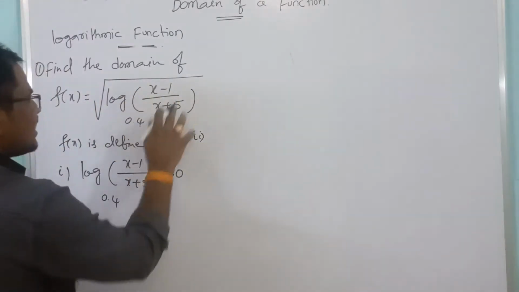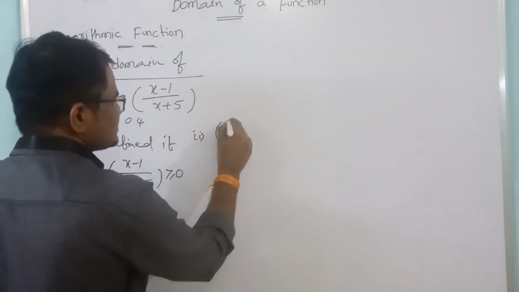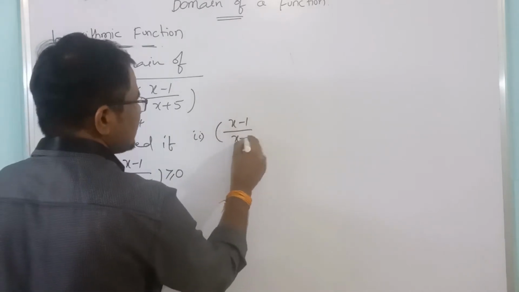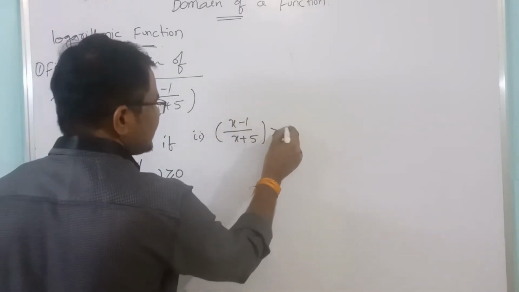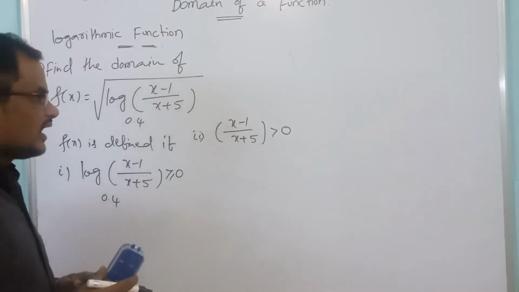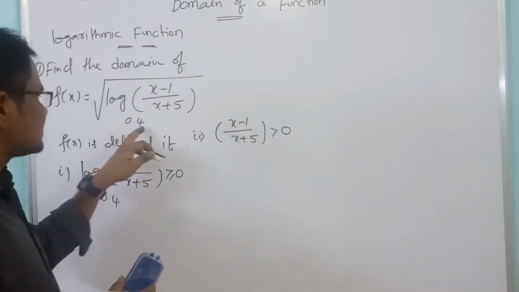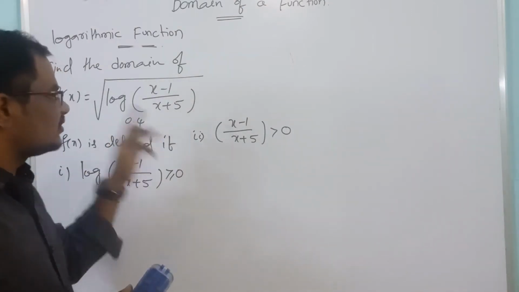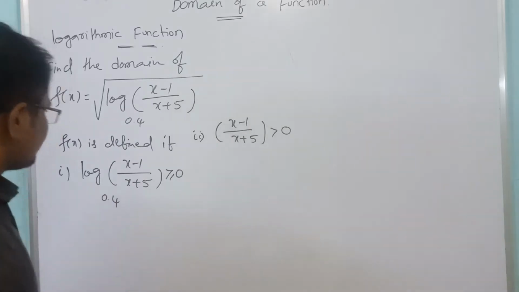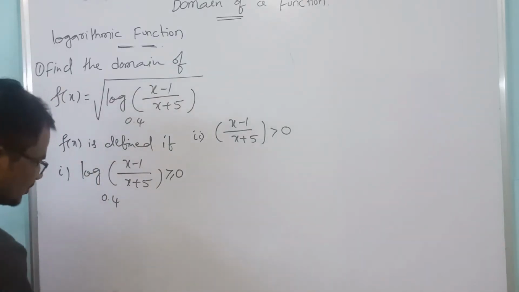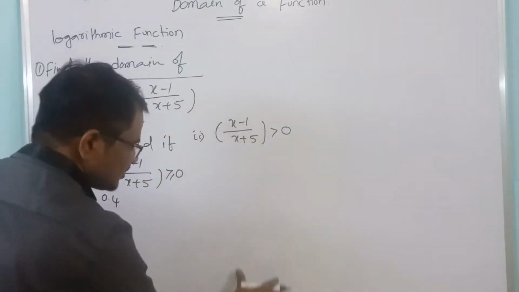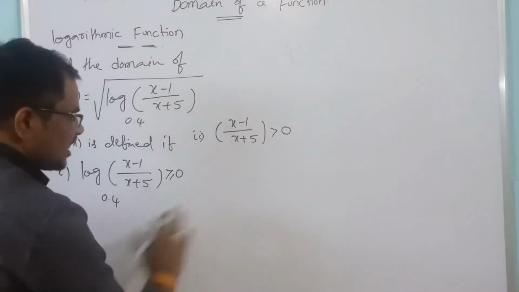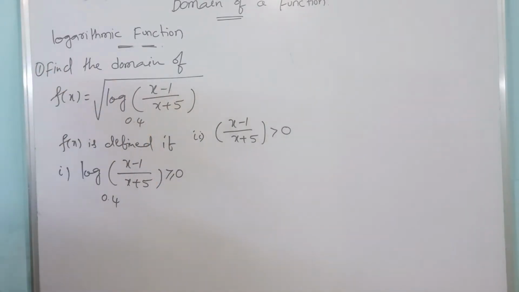That is log of f of x, means this f of x, (x minus 1) by (x plus 5), greater than 0. And g of x is greater than 0 and it is not equal to 1, right? Now from this one we have to find x values, from this one also we have to find x values, and we have to take the common values of these two, that is our required domain.